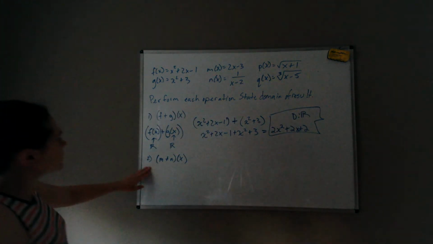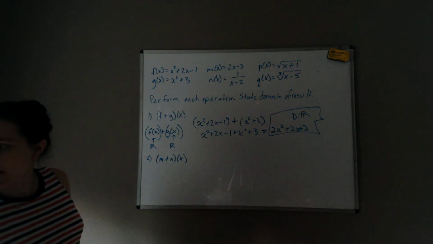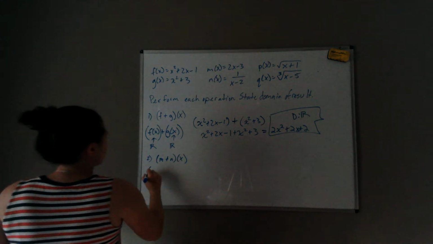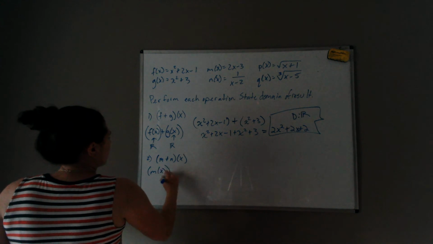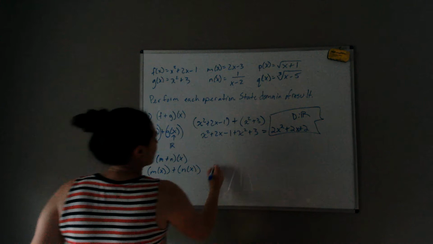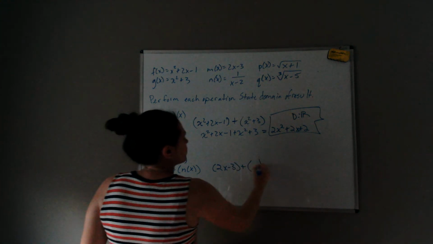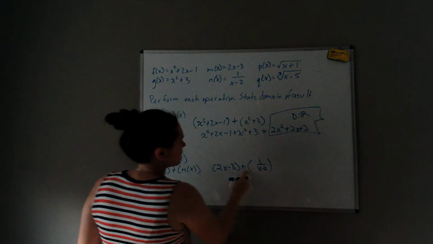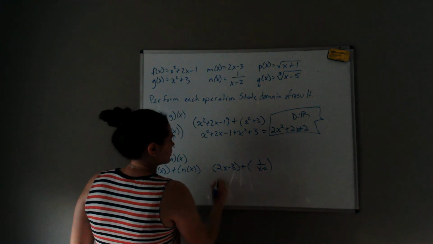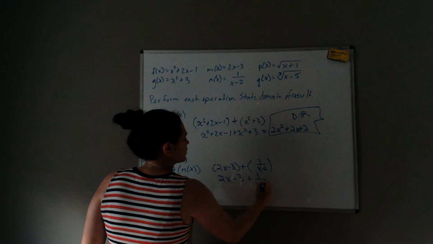Okay, number 2, it says our new function's name is m plus n of x. So we have to add together m of x with n of x. So m of x is 2x minus 3 plus n of x is 1 over x minus 2. There's nothing to distribute here, so we could just write 2x minus 3 plus 1 over x minus 2.